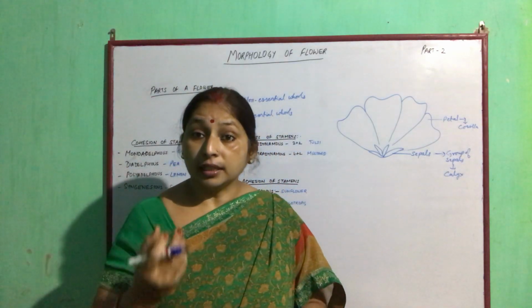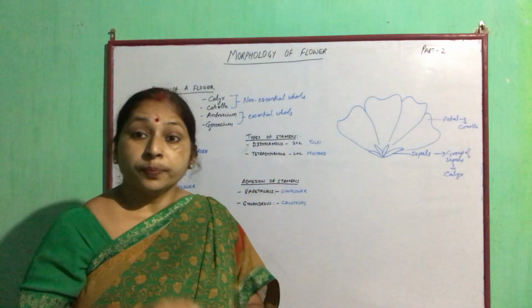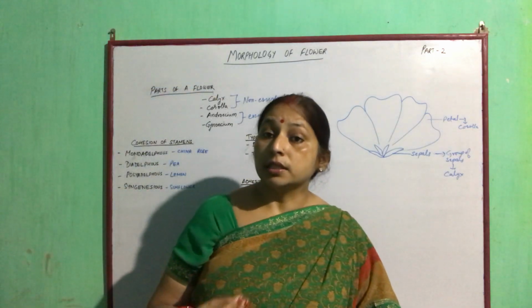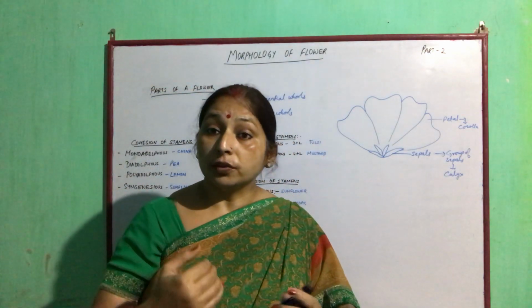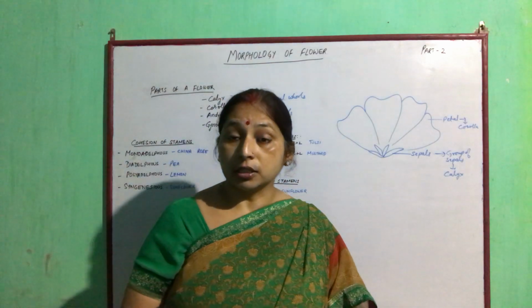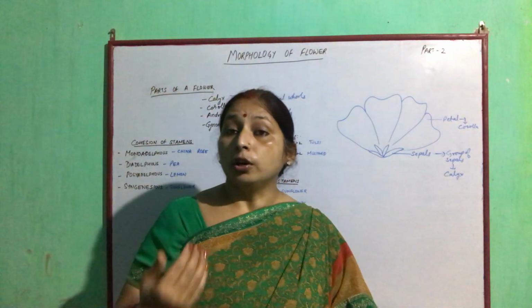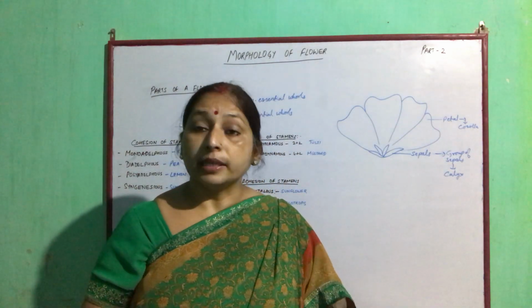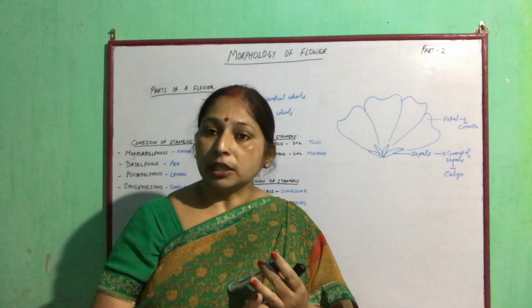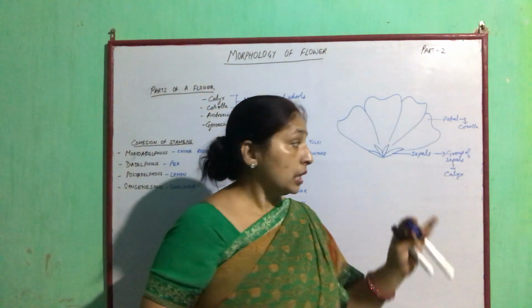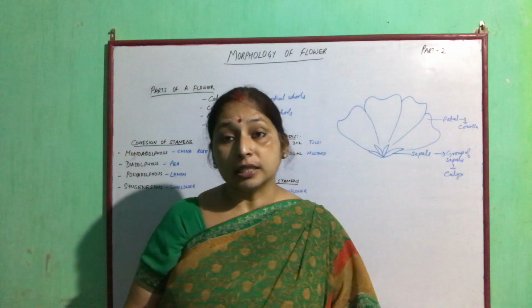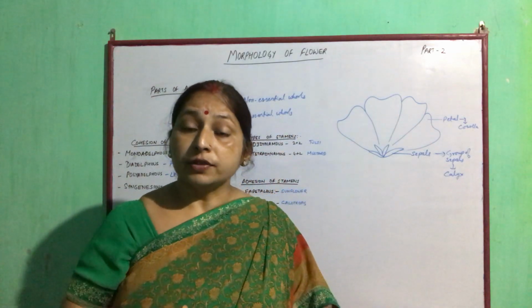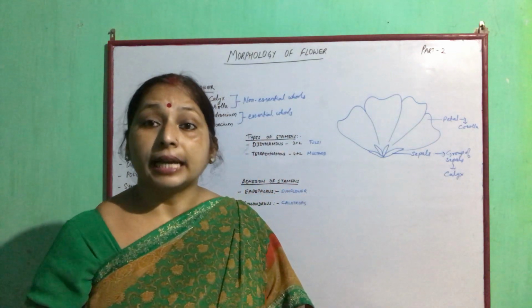Sepals are generally green in color, they help in photosynthesis and in protection of the inner reproductive structures, either male or female. A single one is termed a sepal, and a group of sepals is termed the calyx.